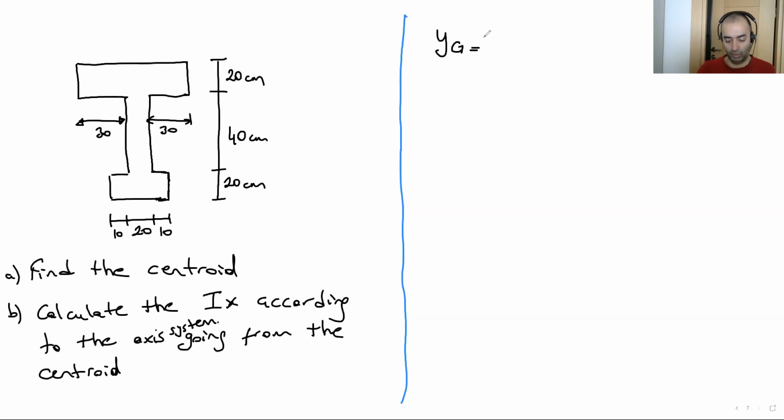So YG is important here. YG is 5 centimeters from the bottom baseline, reference line, whatever.